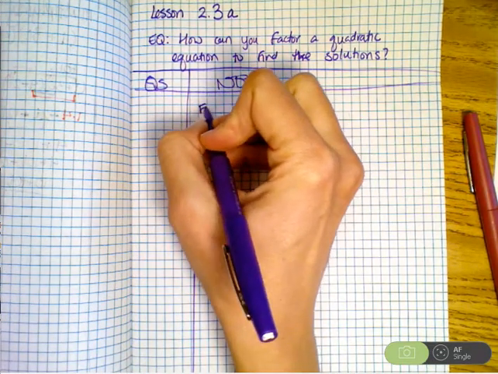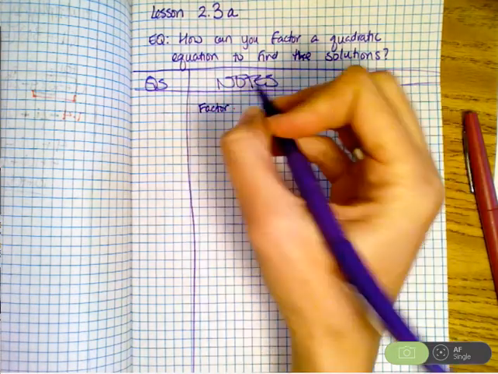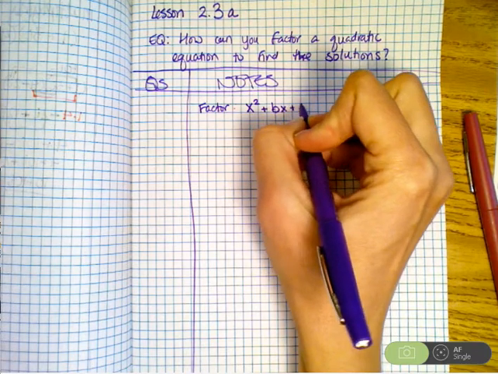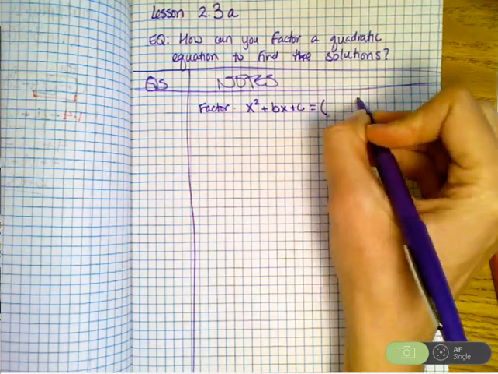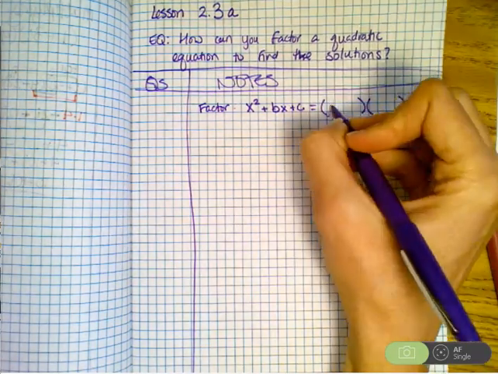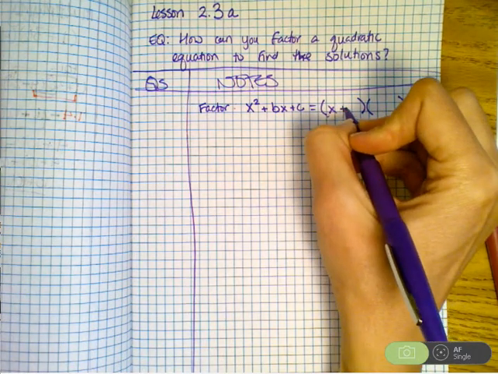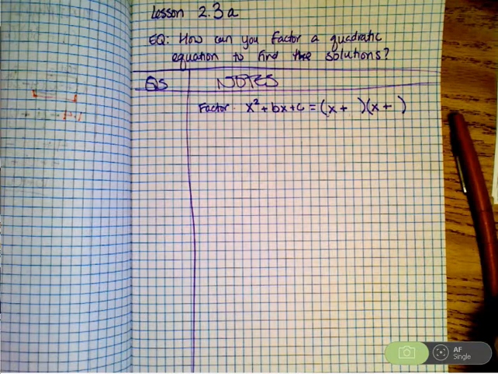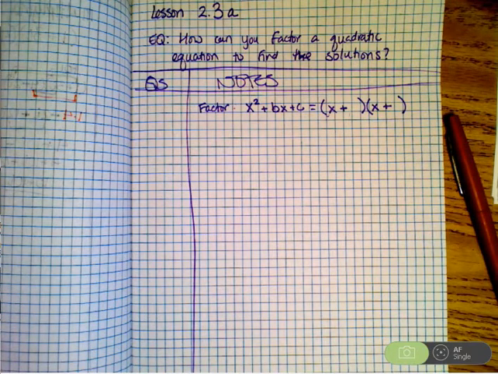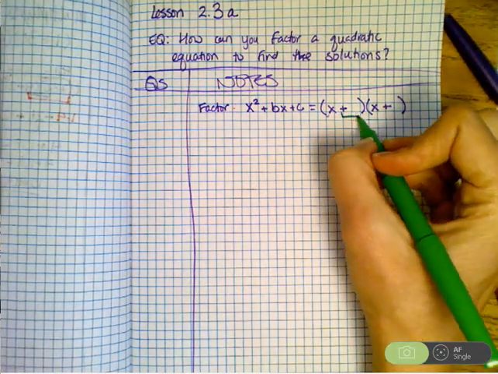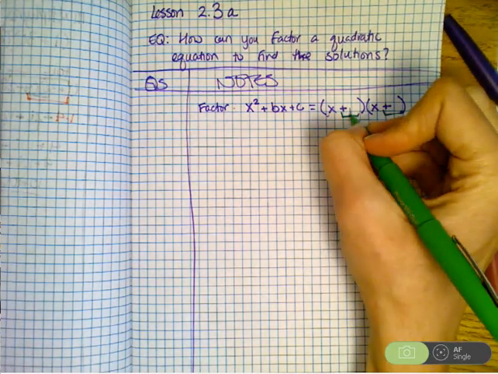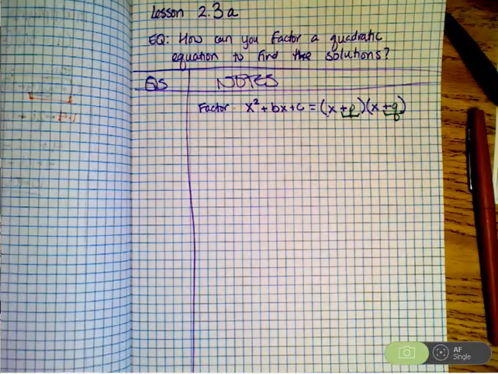So the big idea here is when we factor x squared plus bx plus c, we're trying to rewrite it as x plus or minus something and x plus or minus something. And those two somethings, I'm going to call them P and Q actually, it'll be easier to have letters in there.